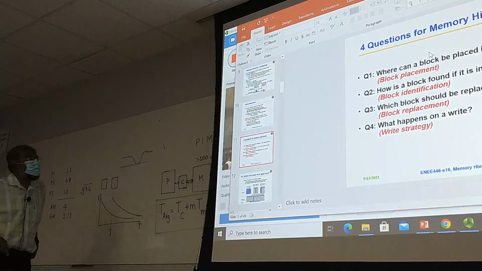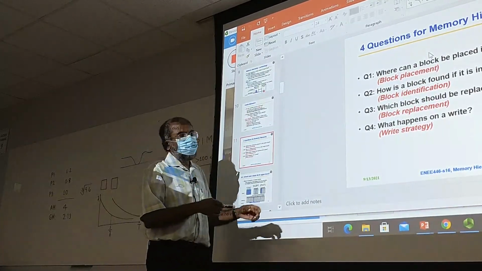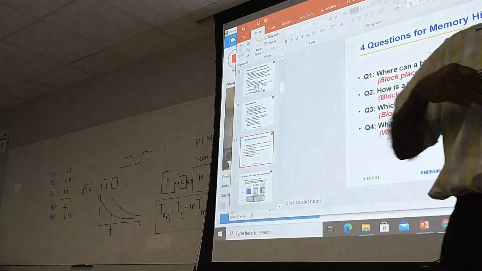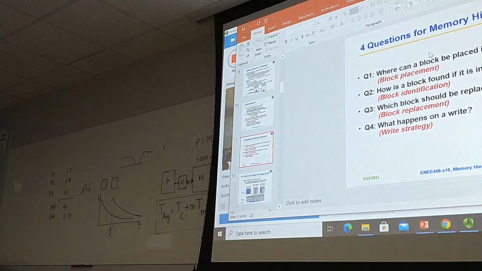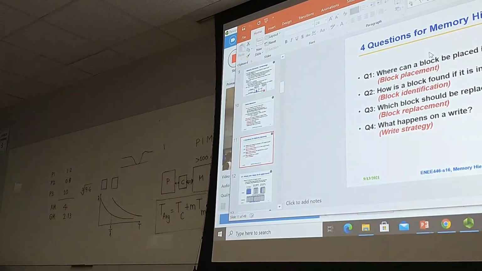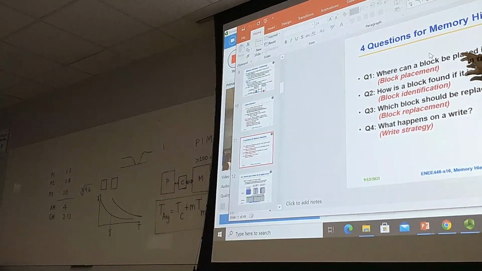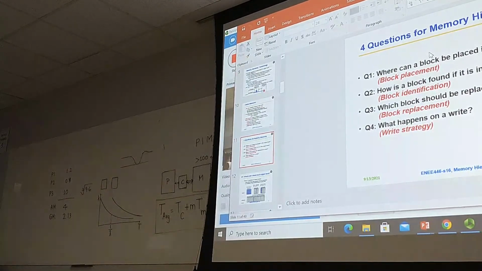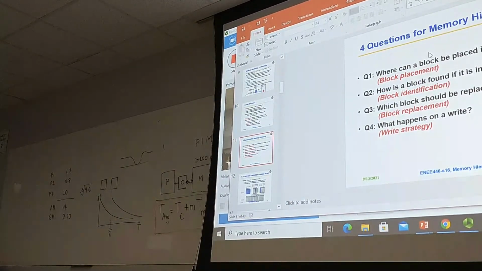Now, we saw the memory hierarchy, different levels of the hierarchy. For each level, we can ask 4 questions. These two are closely related. Where can a block be placed in cache memory or upper level?